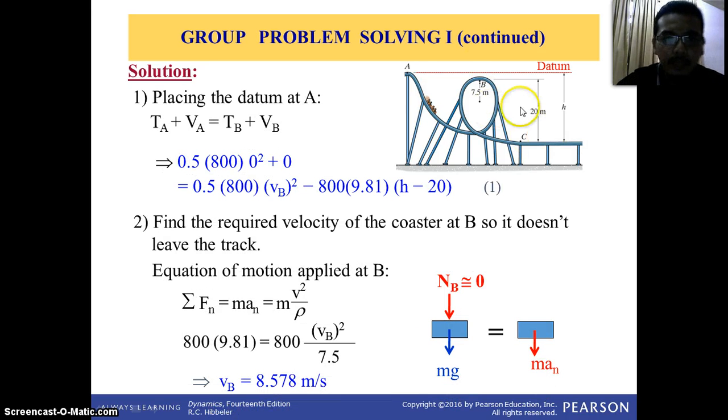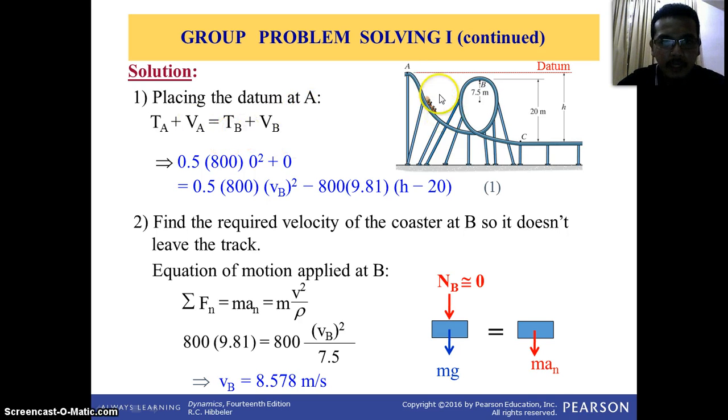First, we place the datum at A, so this one becomes 0. So h here is negative h, and this one is negative h minus 20.